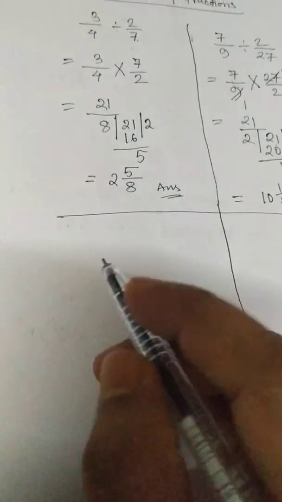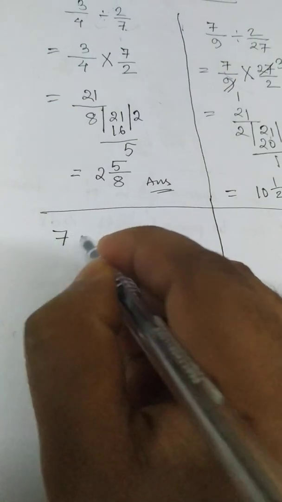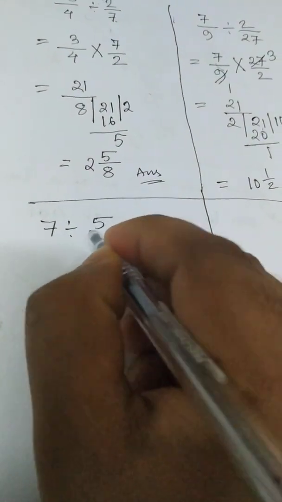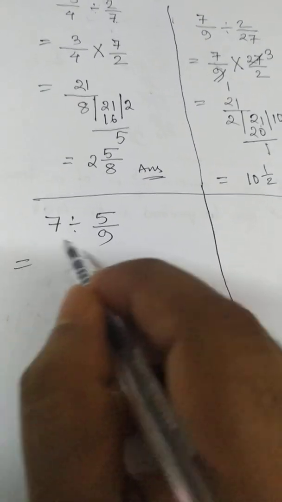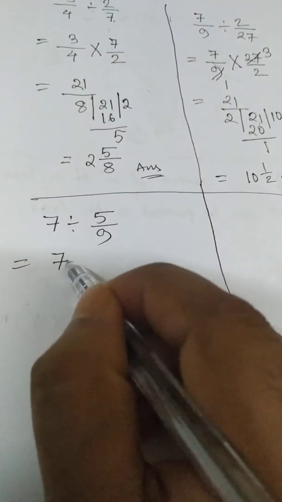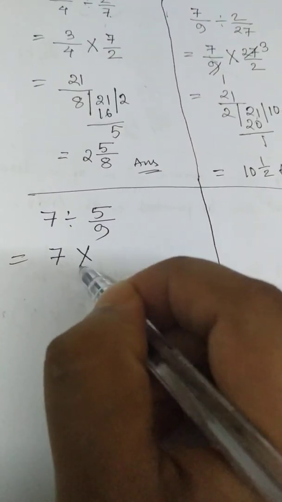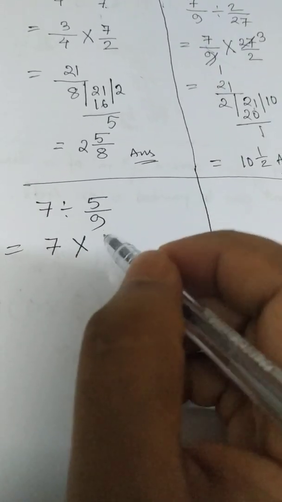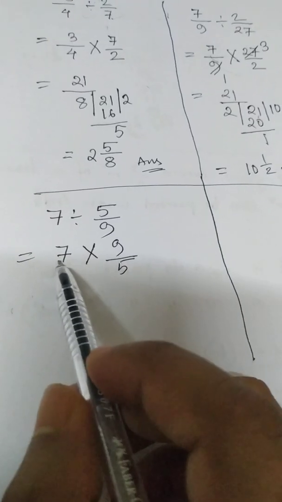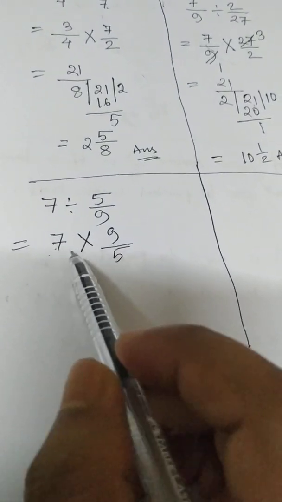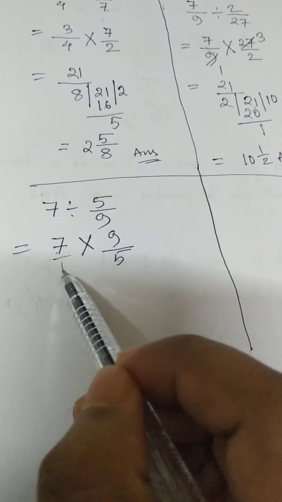Okay, so let's say 7 divided by 5 by 9. So how to solve this? Again, the number at the beginning stays as it is. Divide sign converts into multiply. 9 goes up, 5 goes down. We already know that if there is no number in the denominator part, we should always consider it as 1.